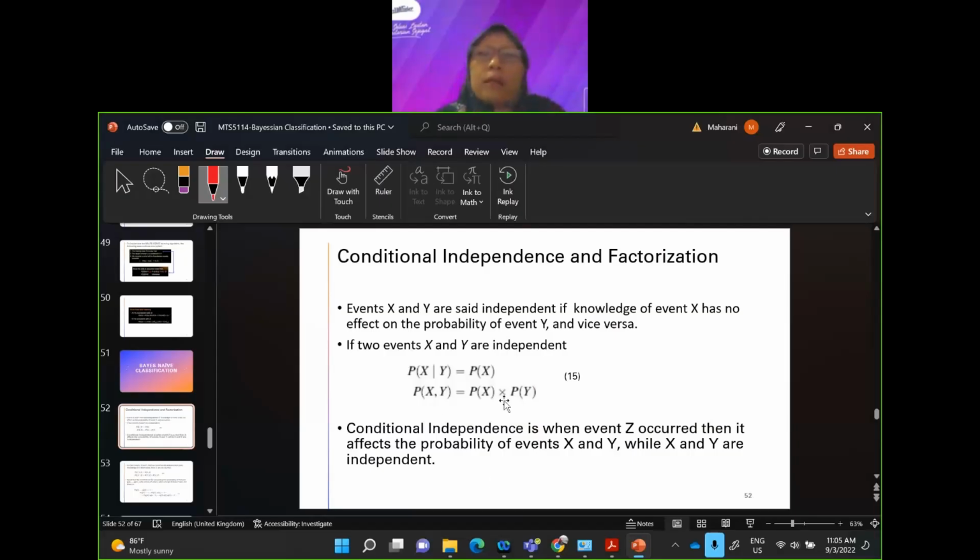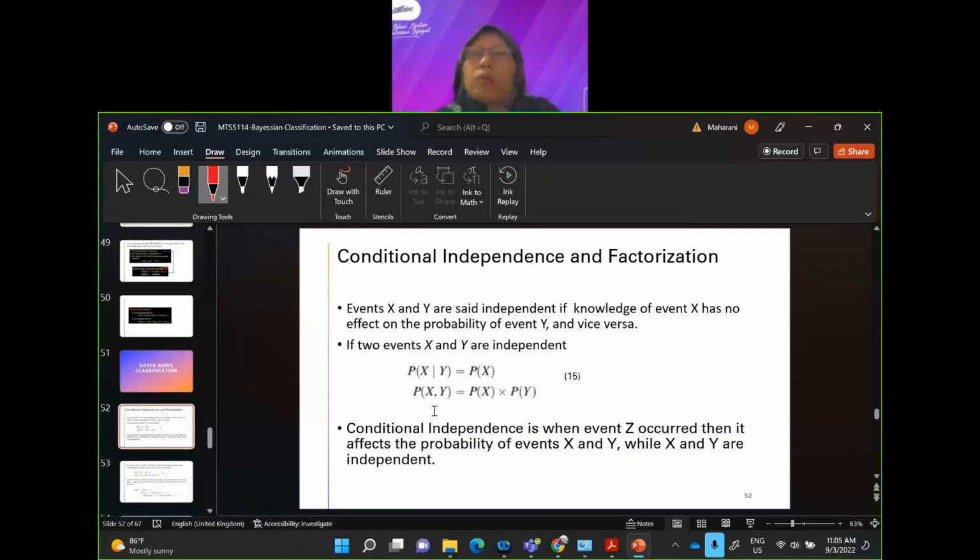And we have a special form for two independent events: P(X|Y) equals P(X) if X and Y are independent, or P(X,Y) equals P(X) times P(Y).